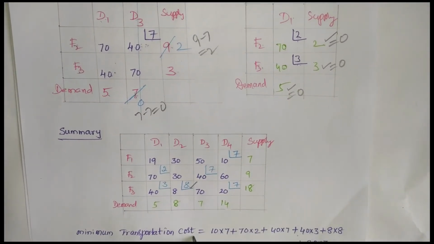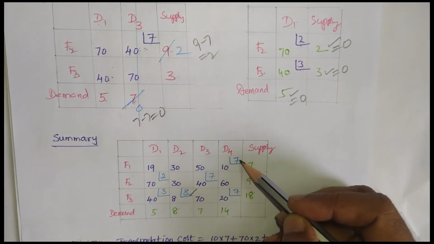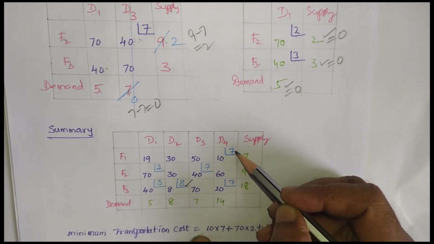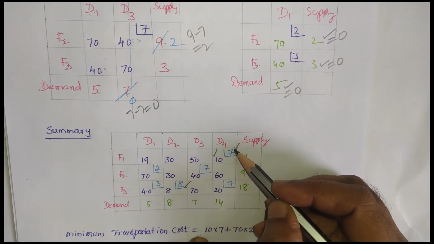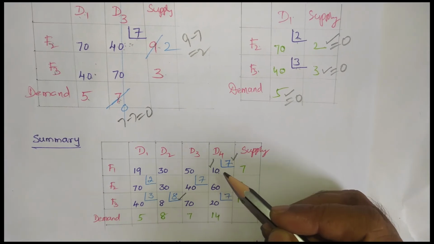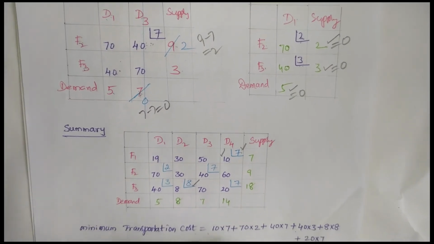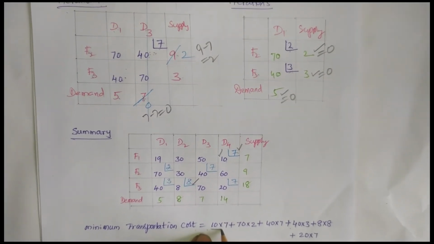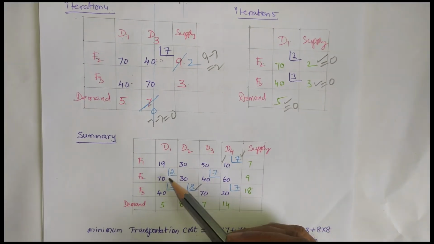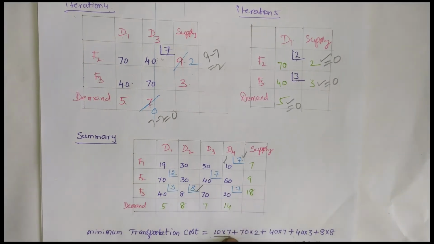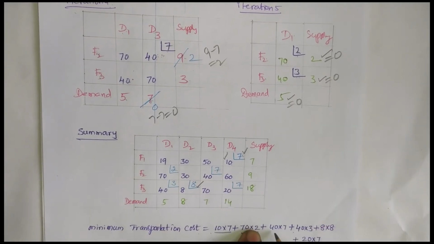Minimum transportation cost equal to 10 multiplied with 7 equal to 70 rupees. So 10 is the unit cost, 7 is the allocated units. Allocated units are multiplied with unit cost, and we get the total cost. So minimum transportation cost equal to 10 multiplied with 7 plus 70 multiplied with 2 plus 40 multiplied with 7 units.